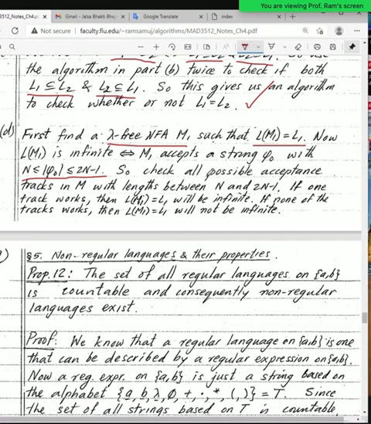Well, you check all possible acceptance tracks with length between N and 2N minus 1 inclusive. If one track works, then you know L of M1, which is L1, will be infinite. If none works, then it will not be infinite. You're thinking, it could have been big and finite, but it's not infinite. And so that brings us to the closure of these things.